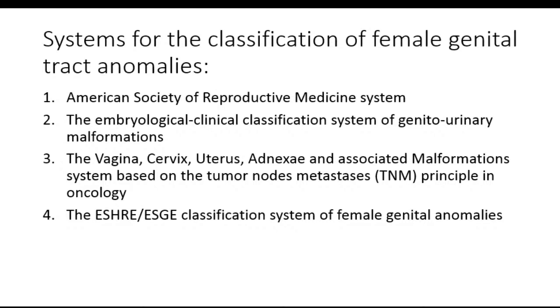Many professional societies and bodies, like the American Society for Reproductive Medicine, have their own system in North America, and European countries have the ESHRE classification system for female genital anomalies. So we don't have a uniform system so far, but we need to follow any of these systems, and you can do it in your daily practice if you are a gynecologist.